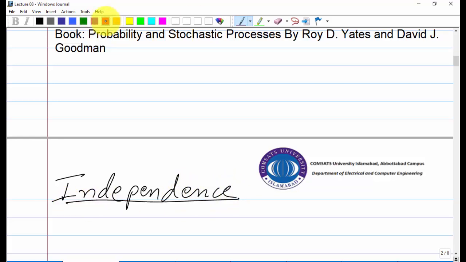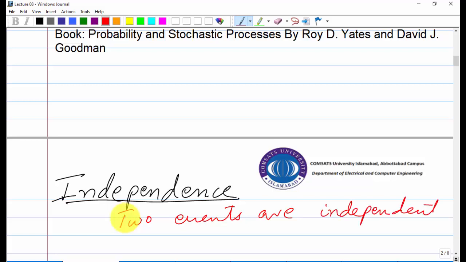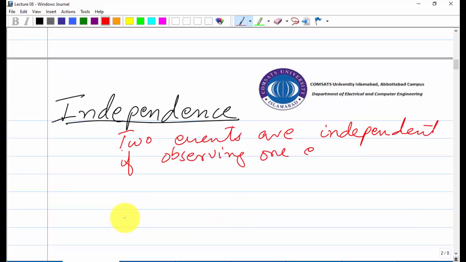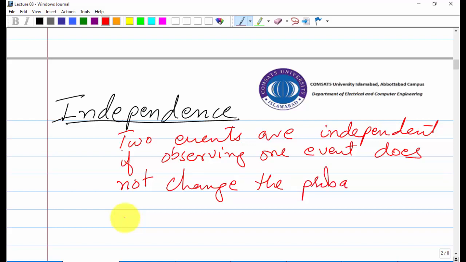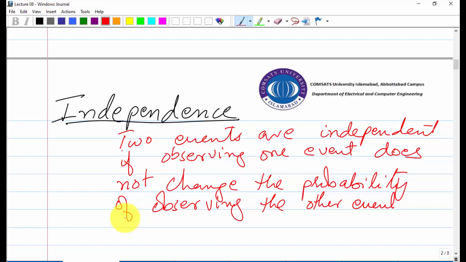So what independence means is that two events are independent if observing one event does not change the probability of observing the other event.